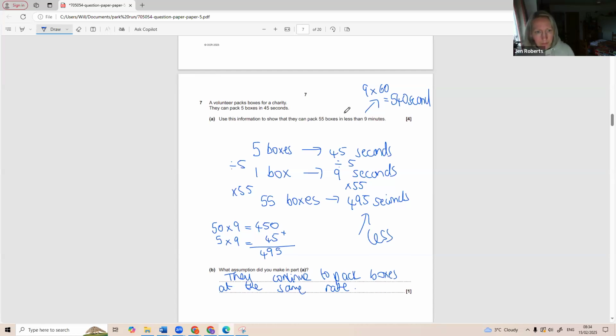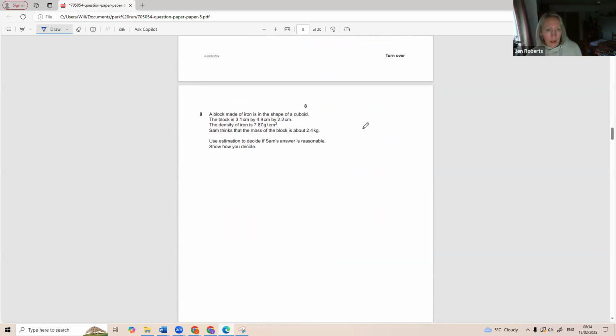Okay. So I'm just looking at this, looking like it's density equals mass over volume. So we've got a block in the shape of a cuboid.